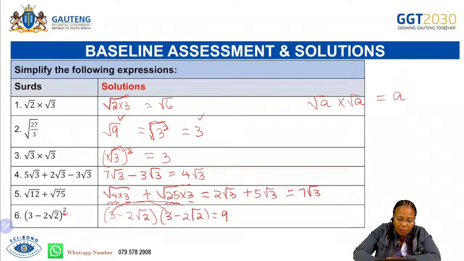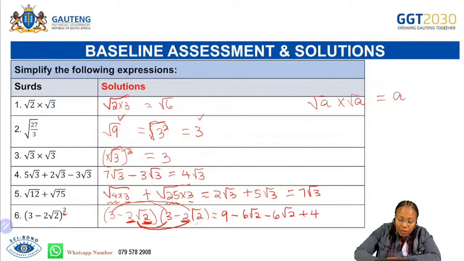And then 3 times minus 2 square root of 2, that will be minus 6 square root of 2. And then we come to the second term now in the first bracket. Minus 2 square root 2 times 3, that will be minus 6 square root of 2. And then minus 2 square root 2 times minus 2 square root 2, that will be positive 4. Remember, we are multiplying a negative 2 times a negative 2, which is giving us 4. And the square root of 2 times square root of 2, which will give us a 2.